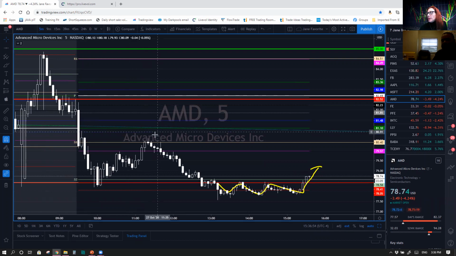So something else to remember with earnings. AMD just had earnings. Implied volatility goes up, the price of the options go up right at the time of earnings.